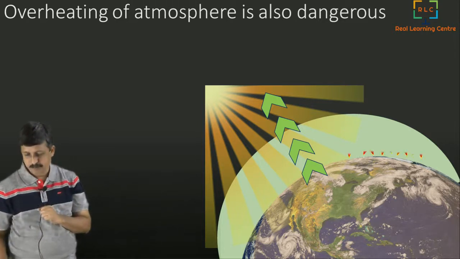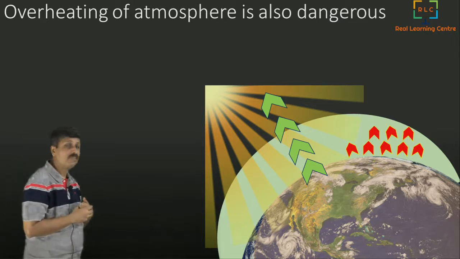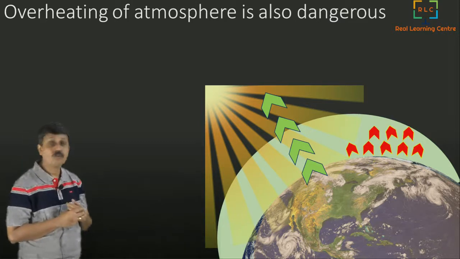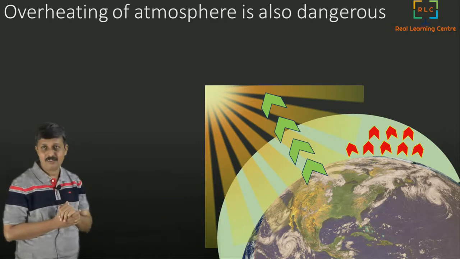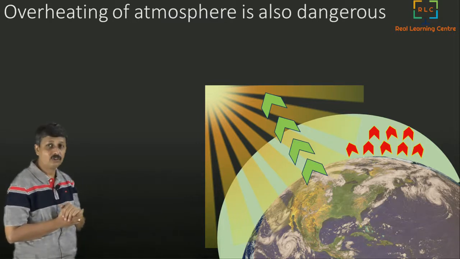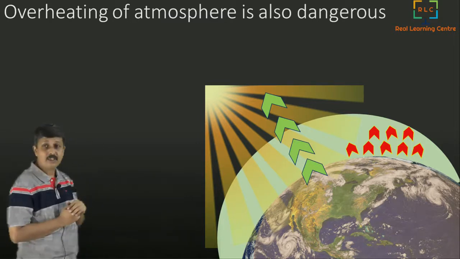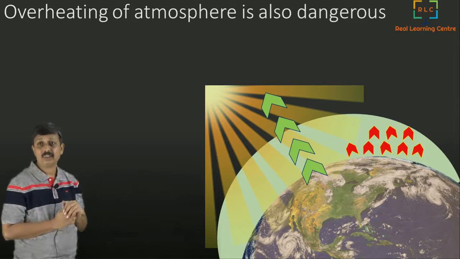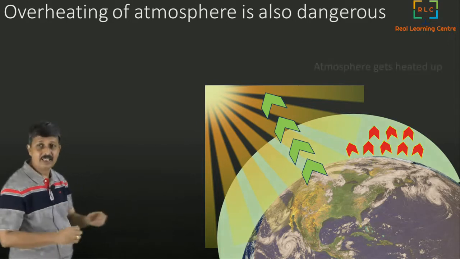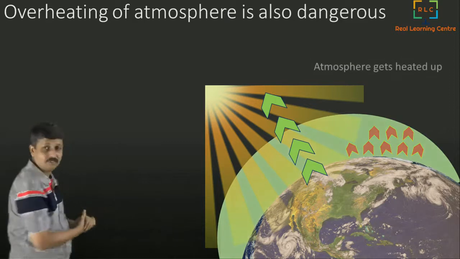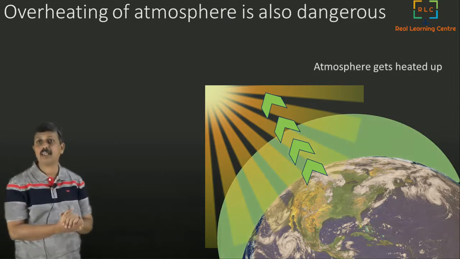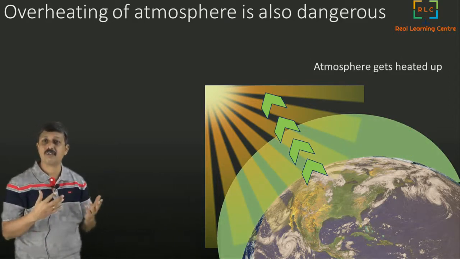What will happen to them? They are sent at different frequencies, mostly at the infrared level, and these frequencies cannot escape the atmosphere. So when they cannot escape, they get absorbed by the atmosphere, and the atmosphere gets hotter, warmer.